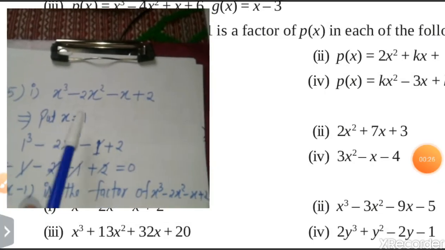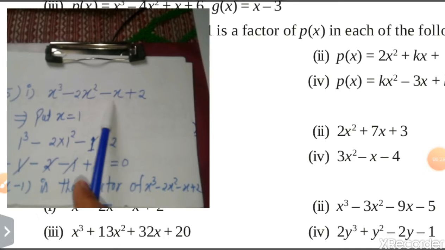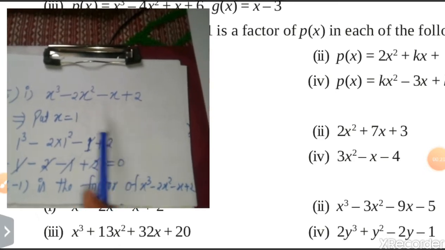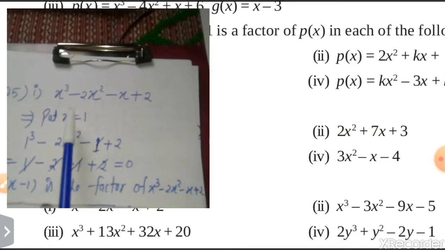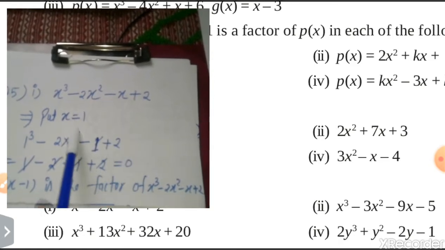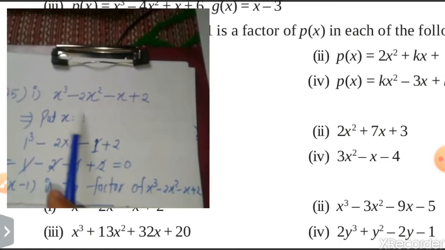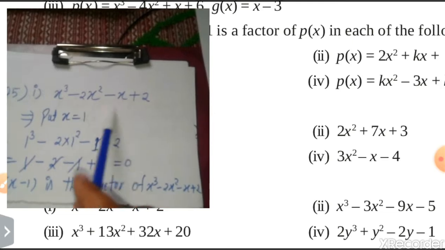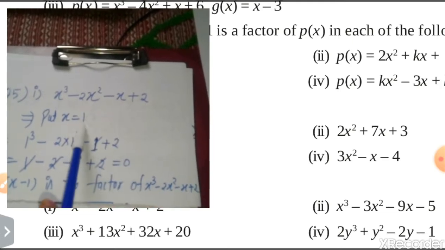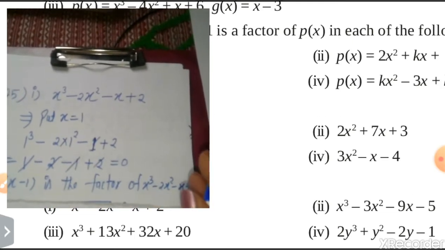First, you can see that I have written the cubic equation there. In this cubic equation, first we have to put some value of x in such a way that the answer should come 0. You can put x equal to 1. If the answer is not coming 0, then you can put minus 1, then 2, then minus 2. Whatever the value for which it is coming 0, you have to find out. But all this checking you will do in the rough copy.